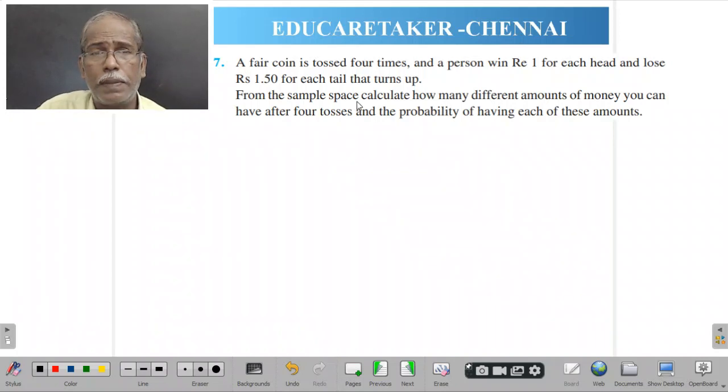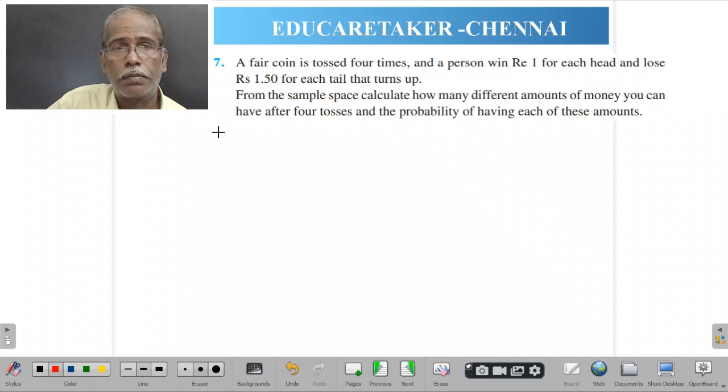From the sample space, calculate how many different amounts of money you can have after 4 tosses and the probability of having each of these amounts. This is a really interesting question, a different kind of question.